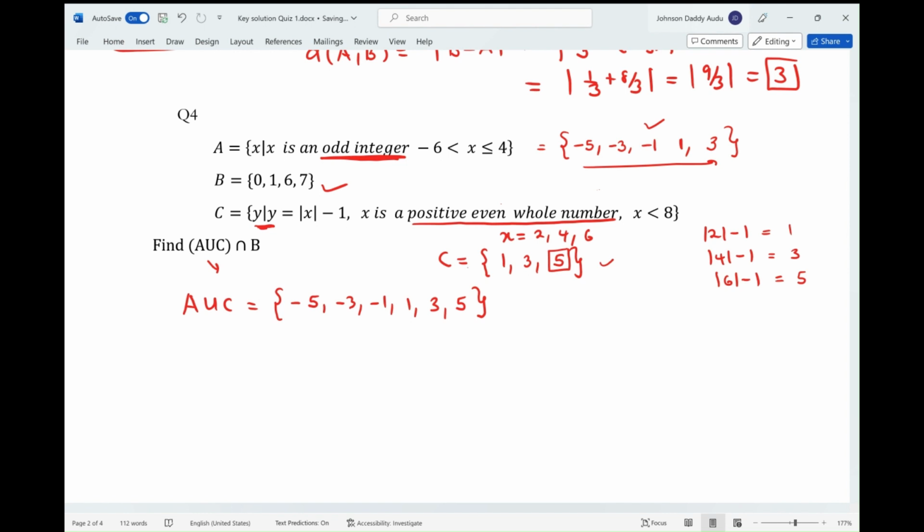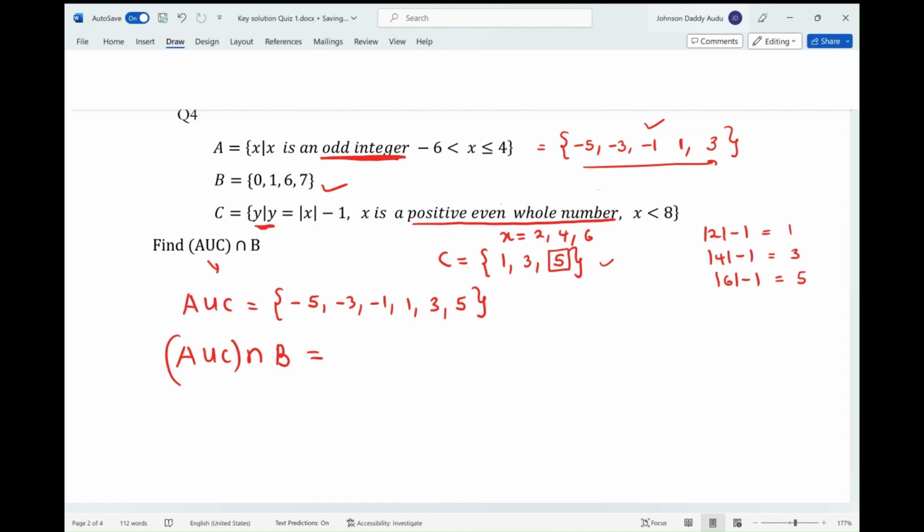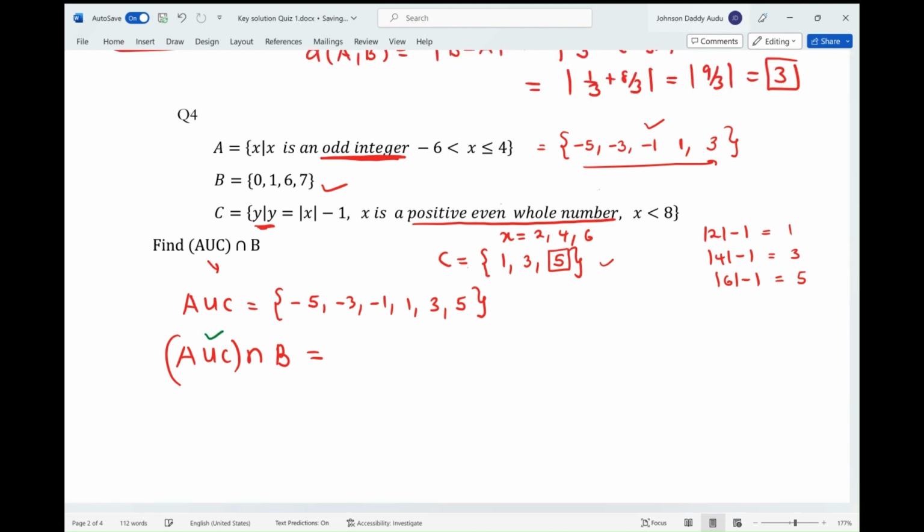All right. Then we need to now find A union C intersection B. It means the elements that are in both A union C and B. So in other words, let me write it this way.